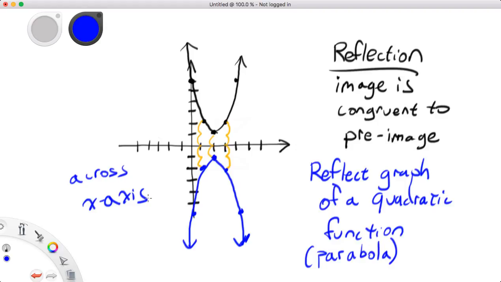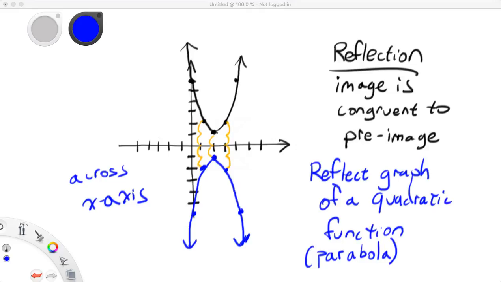Okay, then I'm going to go 1, 2, and 1, 2, right? And that's going to give me this point right here. And then this point is going to be down, let's see, 1, 2, 3, 4. That one's going to be here.